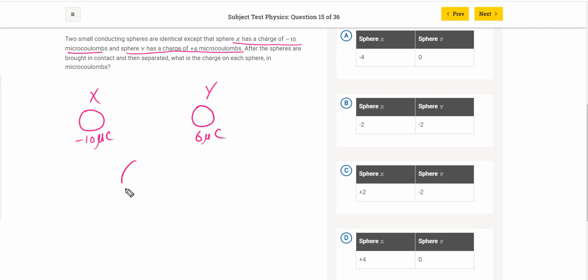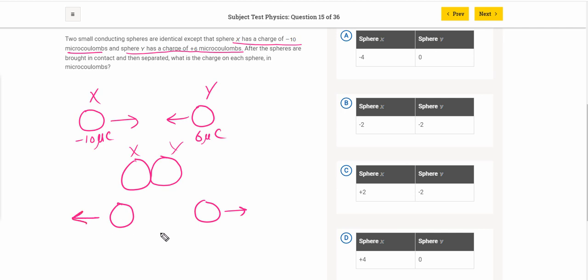They have come in contact with each other, X and Y, and after the contact they have been separated. So after this separation, we have to see what will happen. So when they came in contact with each other in this position, the total charge will be added. So the total charge on these spheres will be -10 plus 6.